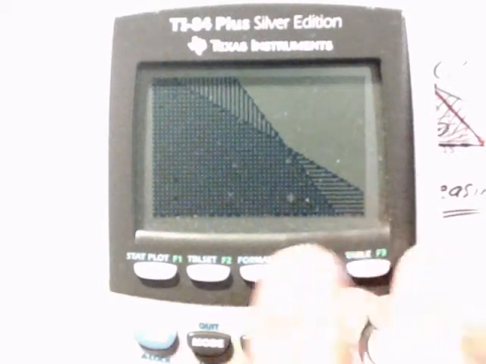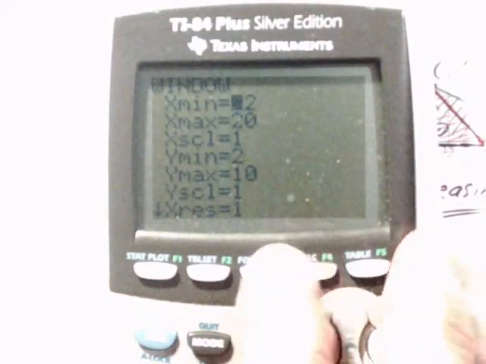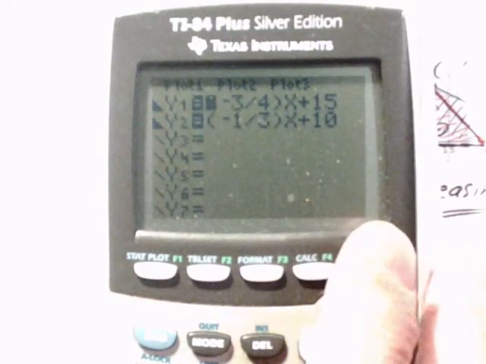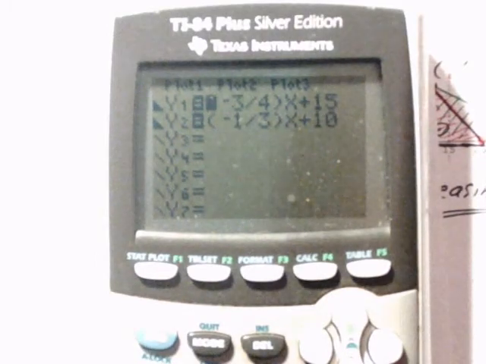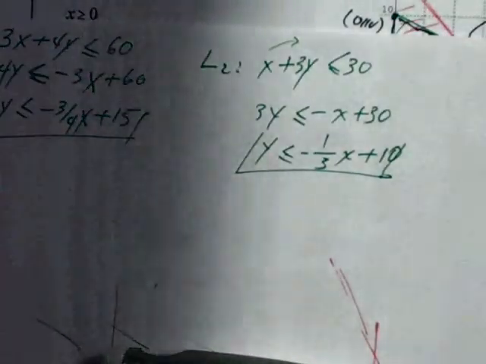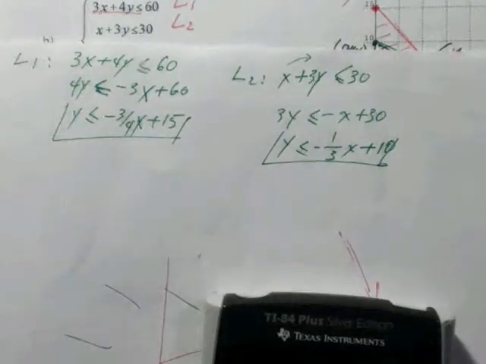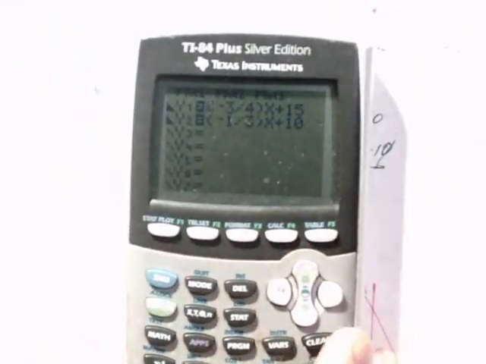Do I have the correct equations? Okay, now make this smaller a little bit. Okay, these are the two equations, and I put them in my calculator right here, you see.